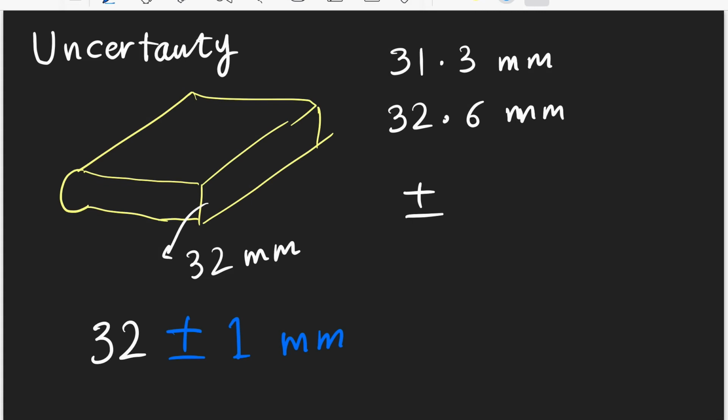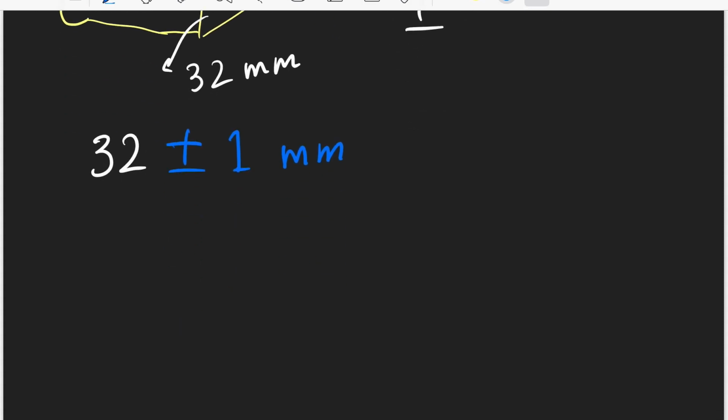In many cases, the uncertainty of a number is not given explicitly. In such cases, we can find an uncertainty by the number of meaningful or significant figures.